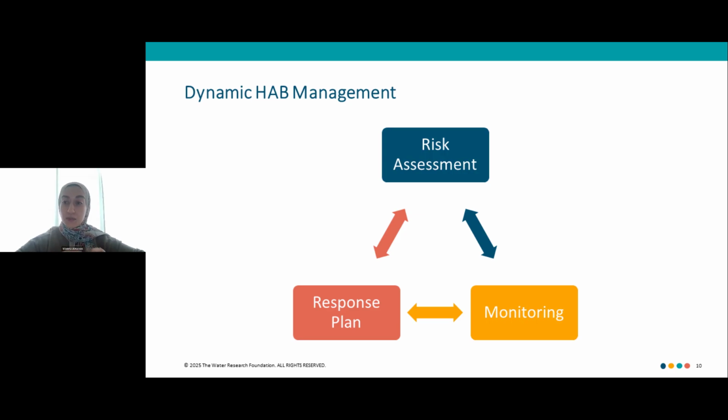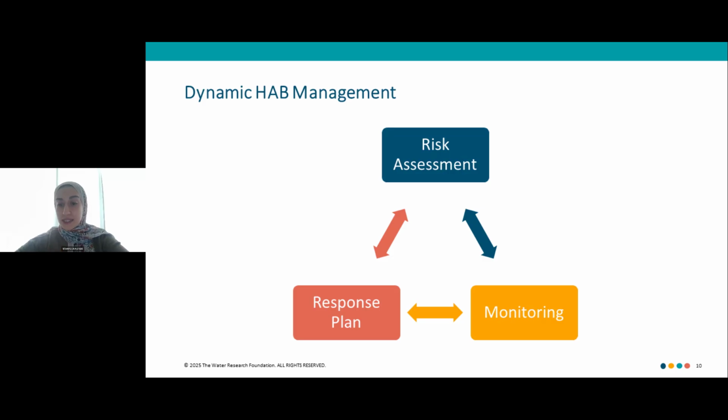And you also have to make sure that you update your risk assessment after each and every event, to make sure that your response plan is considering the actual risk that your utility is facing each year, and being updated based on actual evidence and actual data that you're collecting from your plant, and not just general guidelines.